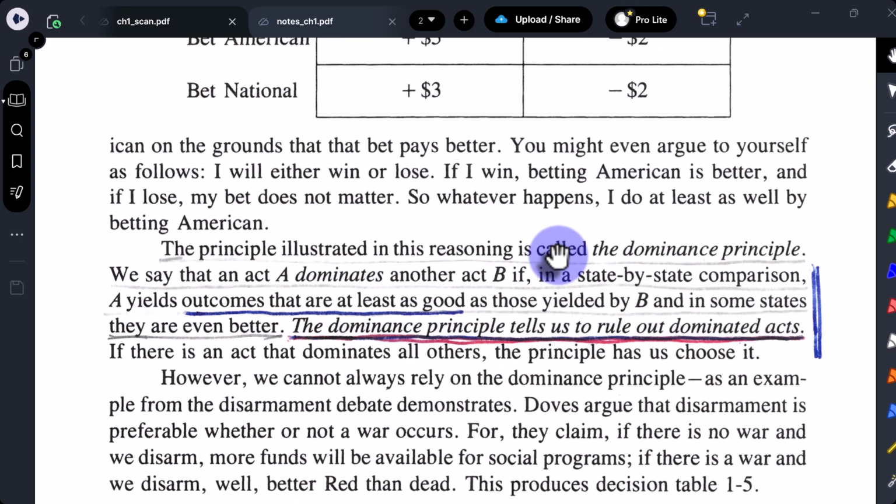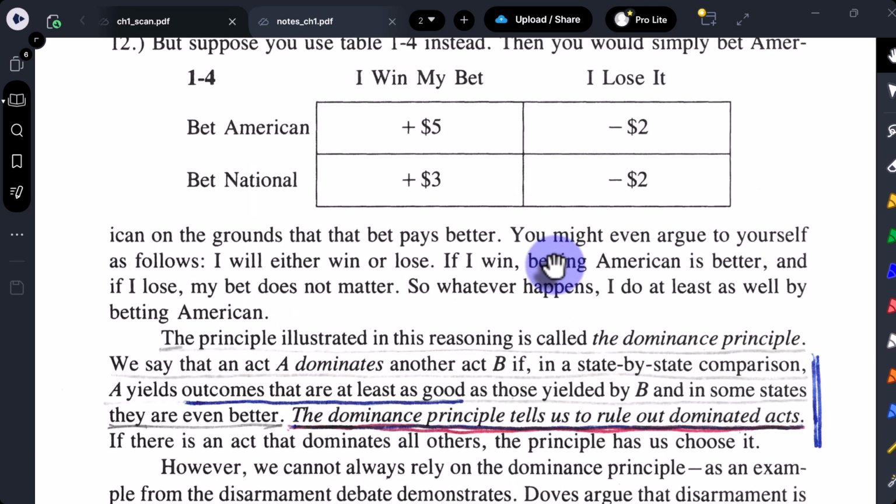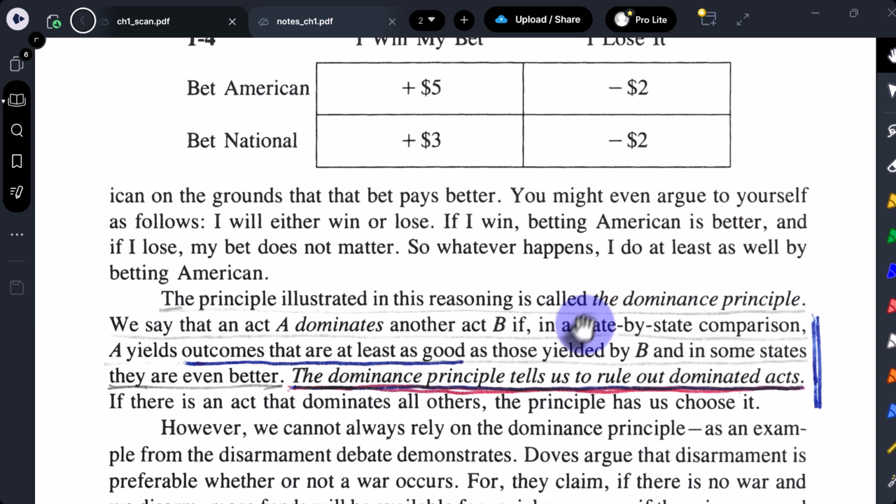Okay, here, this is page 9, we have the dominance principle. This is the first of a number of principles and rules that we'll look at when we're faced with a decision problem.